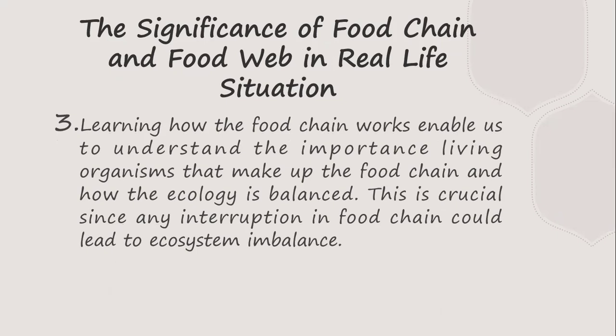So the study of food chains and food webs enables us to clearly understand and identify the important living organisms in our environment that make up the various food chains, and in this way, how the ecology is balanced. This is crucial since any interruption in the food chain could lead to ecosystem imbalance, and ecosystem imbalance can lead to various effects directly on the organisms in the environment.